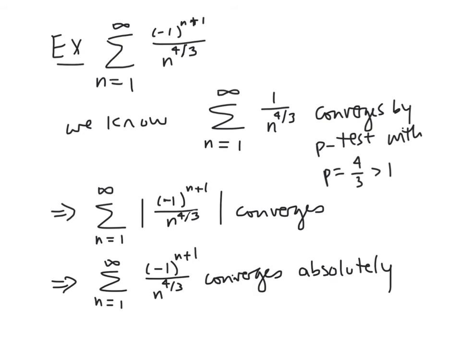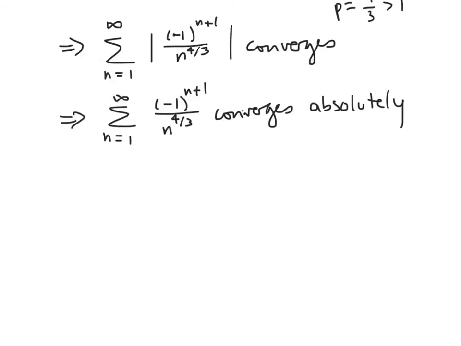Okay, so this gives us a bit of a flow chart for what we need to do. Let's say we have a series of this form, and we want to know, does it converge conditionally, diverge, or converge absolutely?